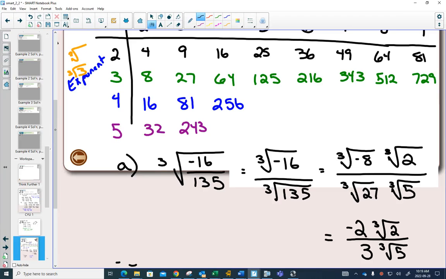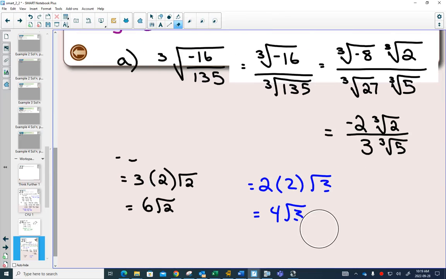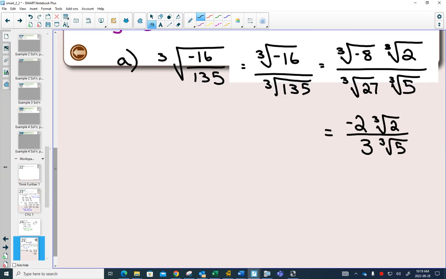The textbook answer had this as a number in front and this as an entire radical with a fraction inside. At this point, either one is fine. Later on, both would be considered not finished. We'll learn about that later on.